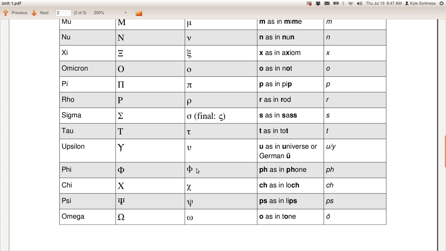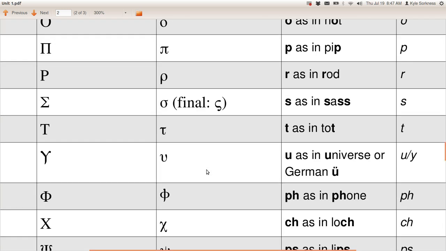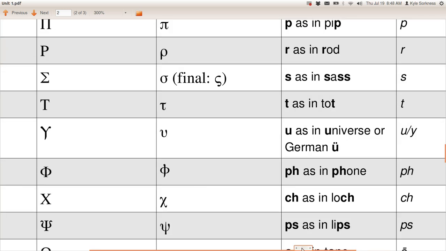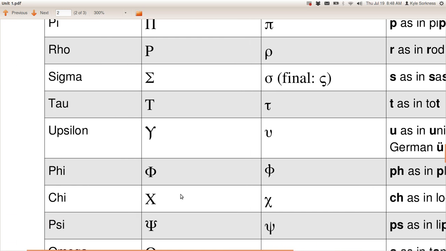The lowercase phi, now I used a different font here again because I didn't like this font's lowercase phi. But one problem, as you can see here, I'm going to zoom in, the uppercase and the lowercase, you almost can't tell them apart from each other. The uppercase phi should have a larger circle. I wish this one weren't as big on the lowercase phi. It could be even smaller.